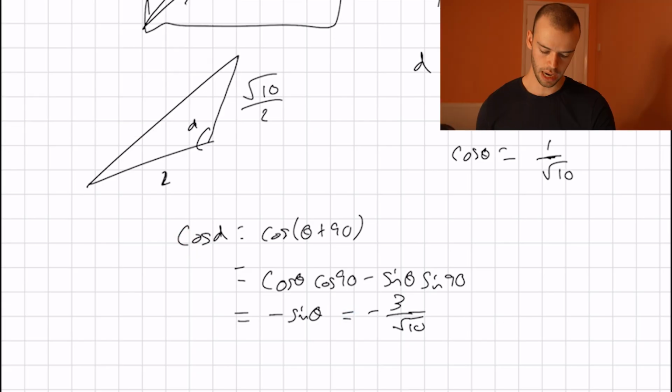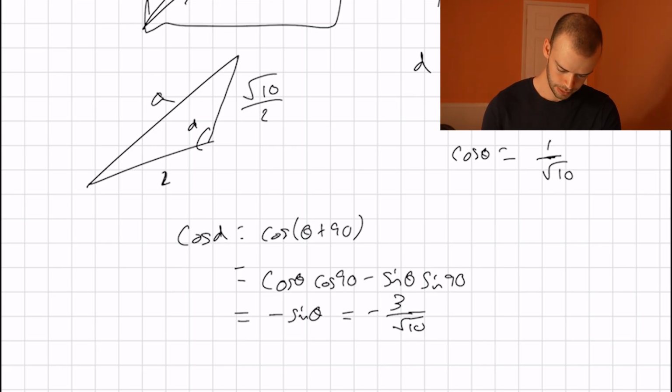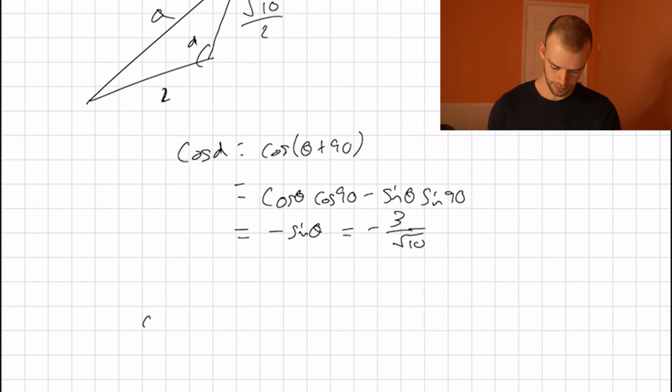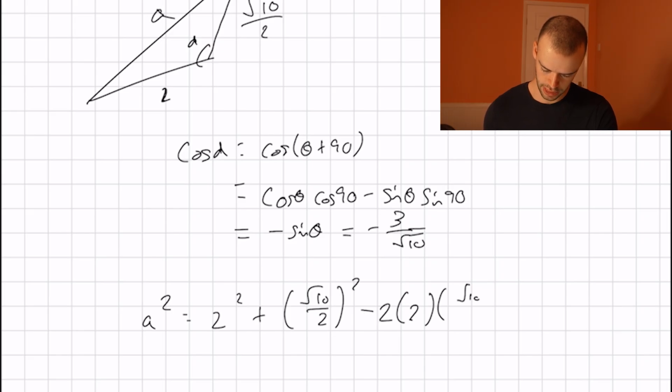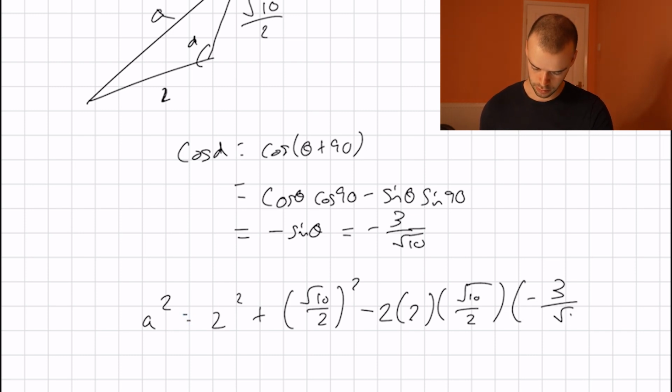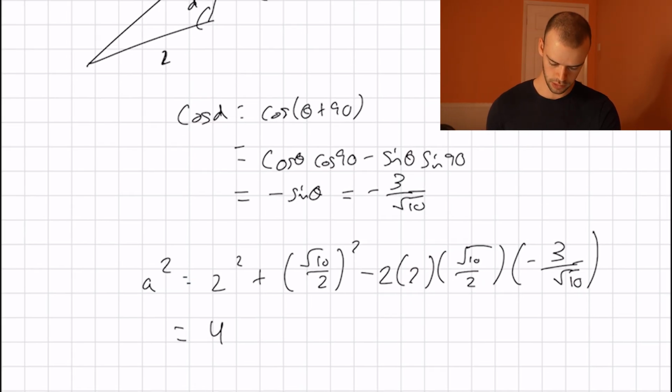Very good. So now we can use the cosine rule for this triangle to get this length. So let's call this length A. So using the cosine rule, A squared equals 2 squared plus root 10 over 2 squared minus 2 times 2 times root 10 over 2, cos alpha, which is equal to minus 3 over root 10. Cool. Now all we need to do is simplify the right hand side. So 2 squared is 4, root 10 squared is 10, over 4, so let's just call that 5 over 2.